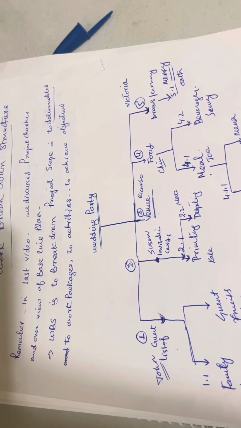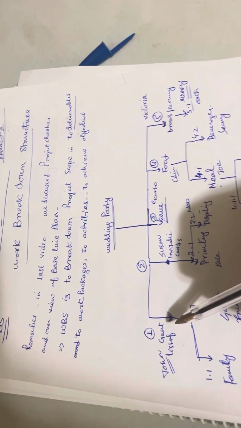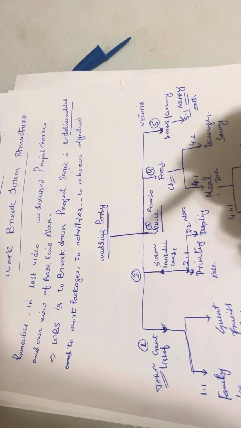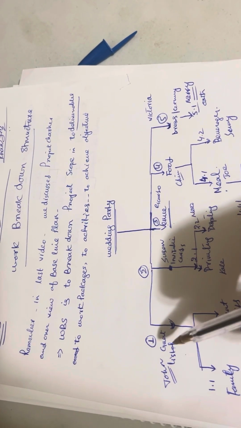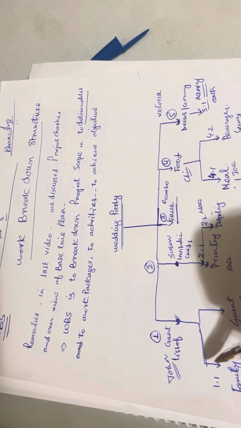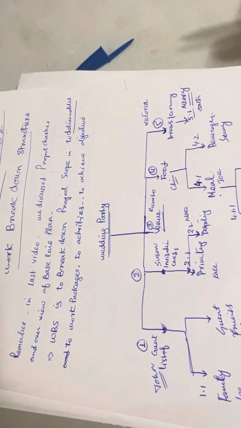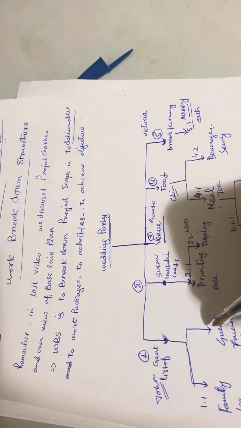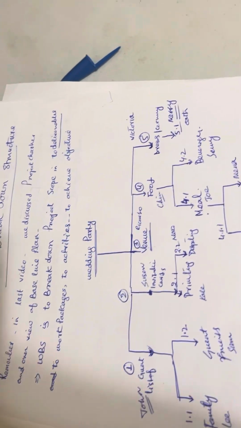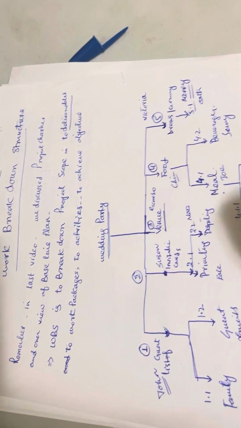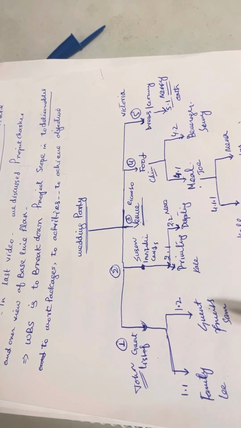The next thing we do in the work breakdown structure is to further divide these deliverables into activities. In the first one, the list of the guests, we divide in two. One section is our own family or relatives, 1.1, and the other one, 1.2, is the guests who may be outside people, our guests and friends.